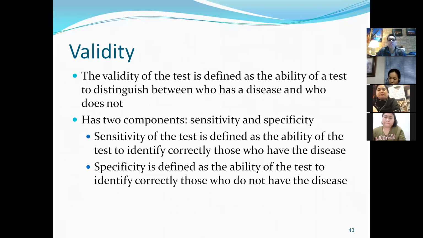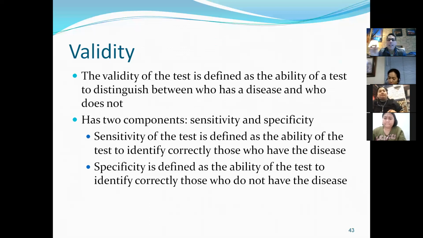It has 2 components, sensitivity and specificity. The sensitivity of the test is defined as the ability of the test to correctly identify those who have the disease. It's always positive for those who have the disease.